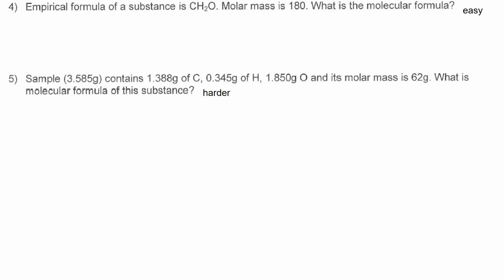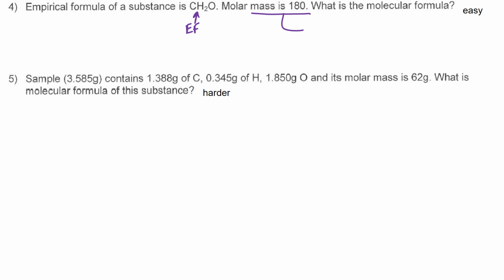So the first thing we have to do is be able to look at this problem and figure out what's being told to us. So we know that's the empirical formula. What does this mass represent? Look back at your notes. What did I tell you is given in the prompt?